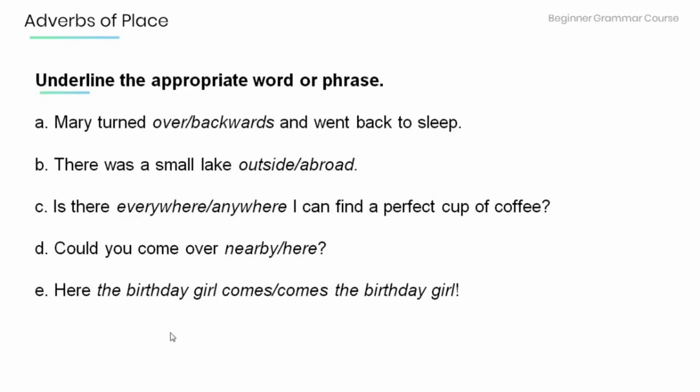Now, read the following sentences and underline the appropriate word or phrase. A. Mary turned over backwards and went back to sleep. B. There was a small lake outside abroad.